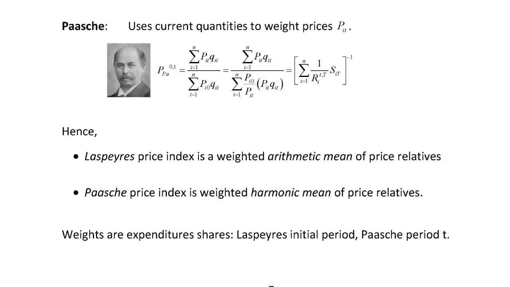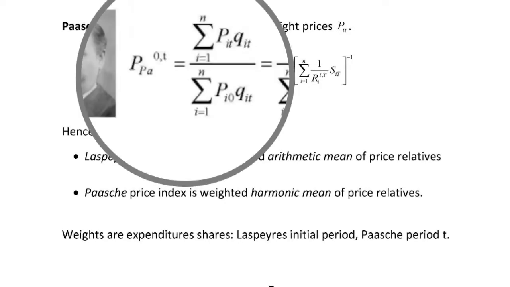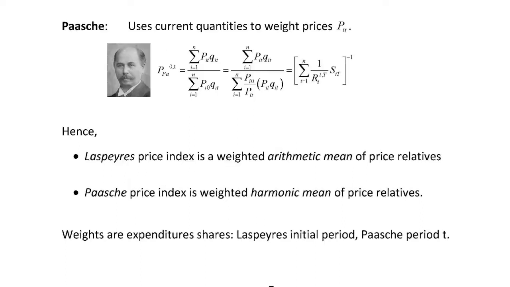Now, if we turn to the Paasche index, you can use exactly the same procedure. Paasche uses the current quantities to weight prices. So that's the ratio of sigma PIT QIT in the numerator divided by sigma PI0 QIT in the denominator. So we can proceed with the same method, but this time we do it in the denominator, not the numerator.